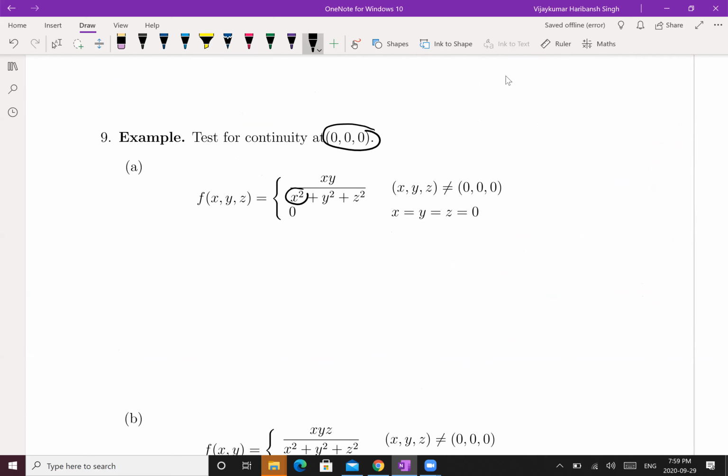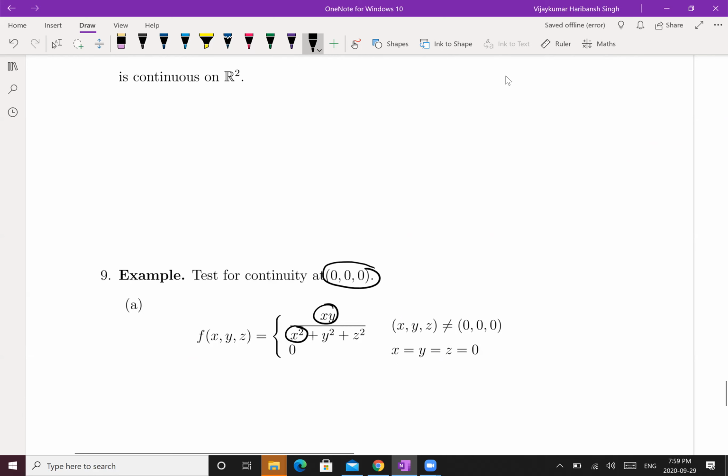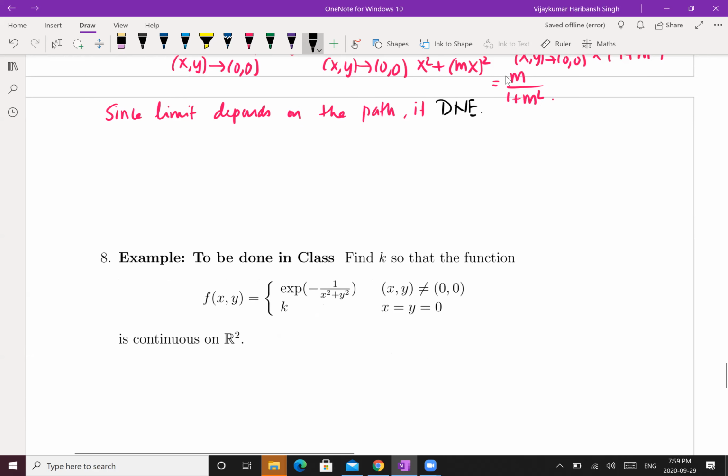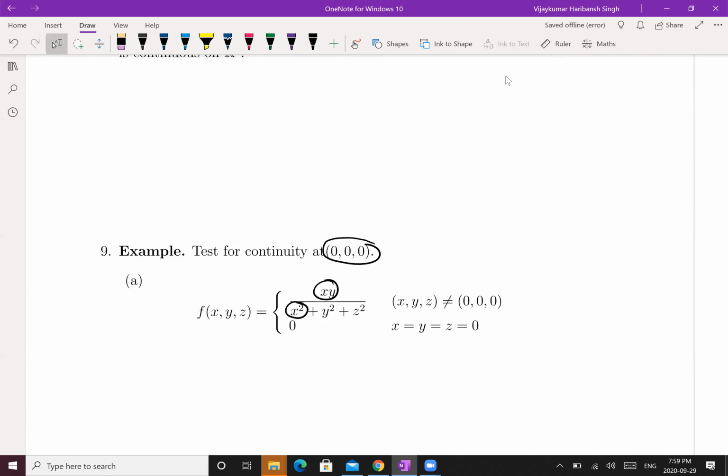When the degree of numerator and denominator are the same, then you can think about a path. That's not the only case. In the earlier example, the degree of numerator was 3 and the degree of denominator was 4. But here the degrees of numerator and denominator are the same, so you can choose a path and then show that most likely the limit will not exist.